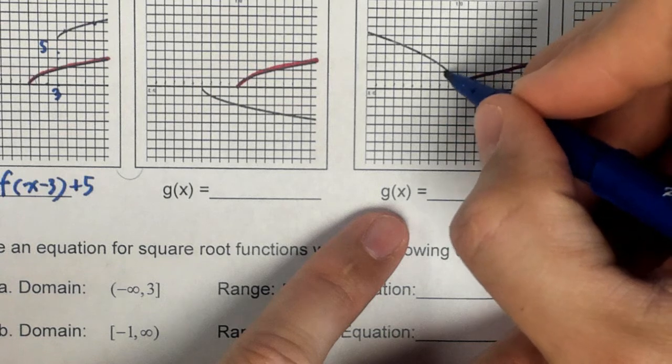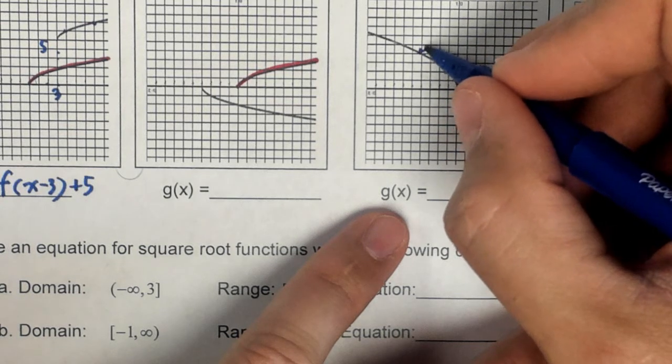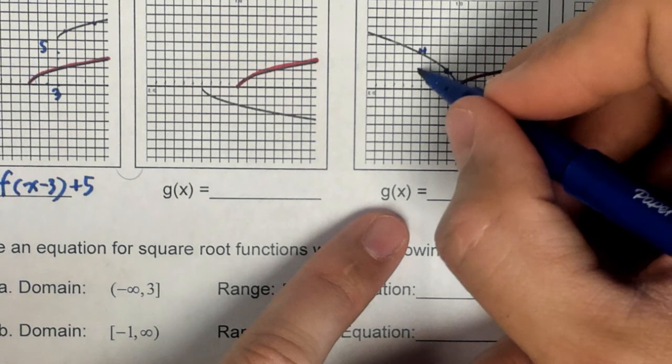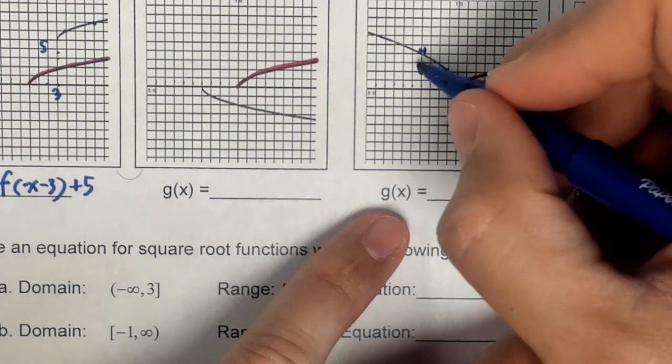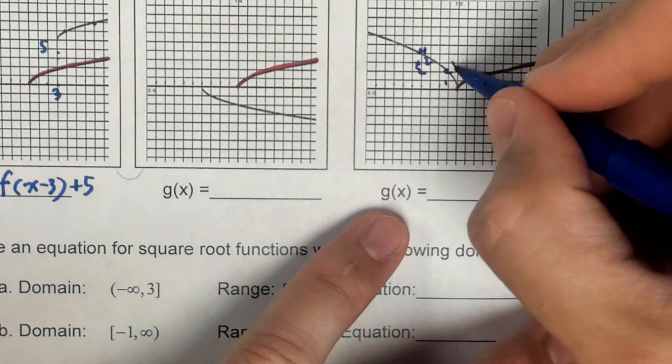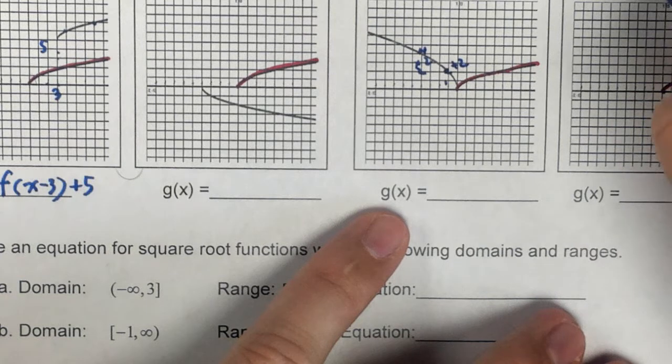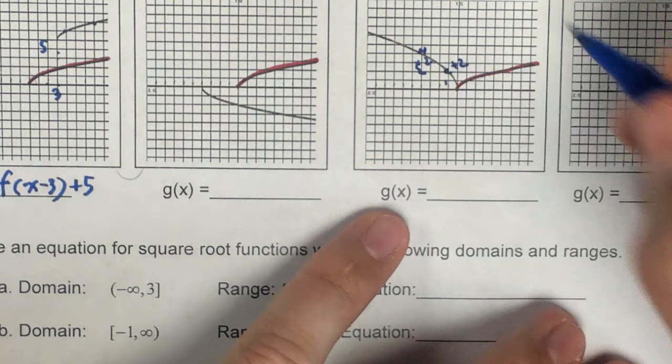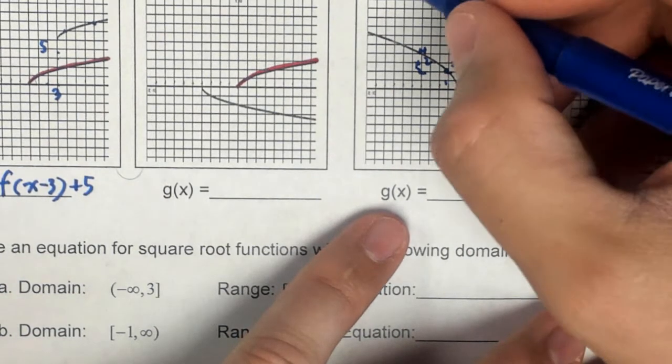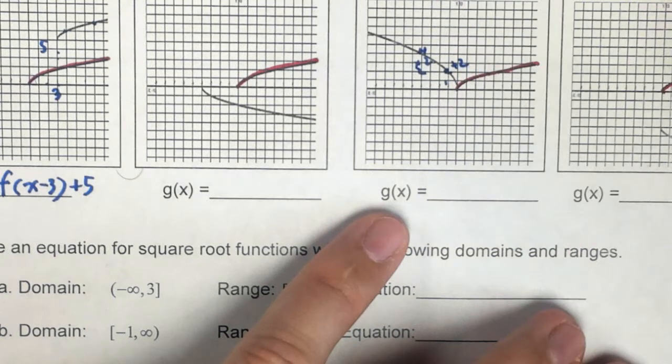Oh, so this is 2, this is 4, now it's supposed to be 2, now it's 1. So everything's about 2 times higher than it should be. So that means we have a vertical stretch by 2.